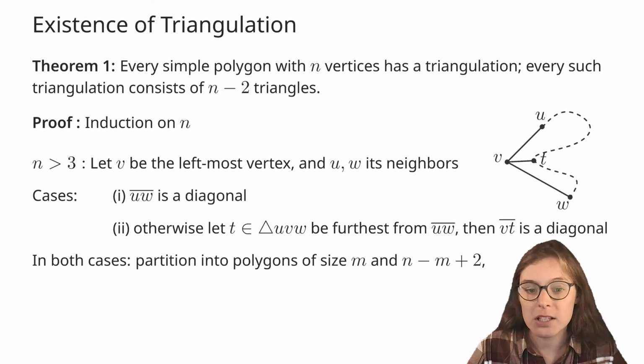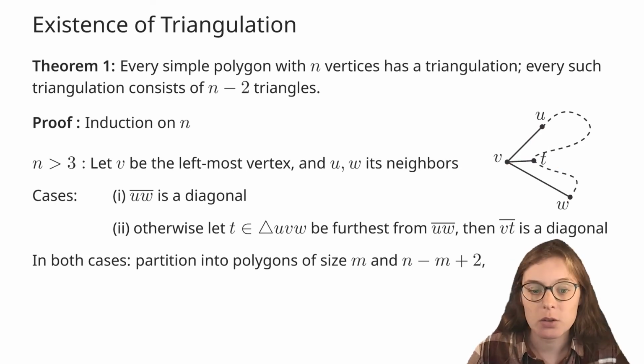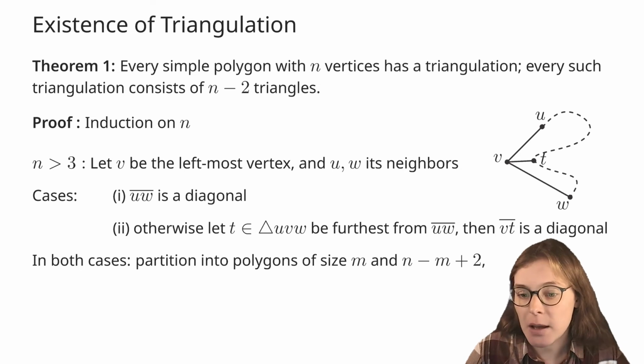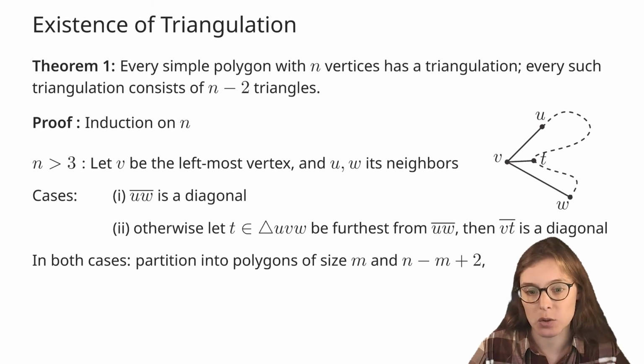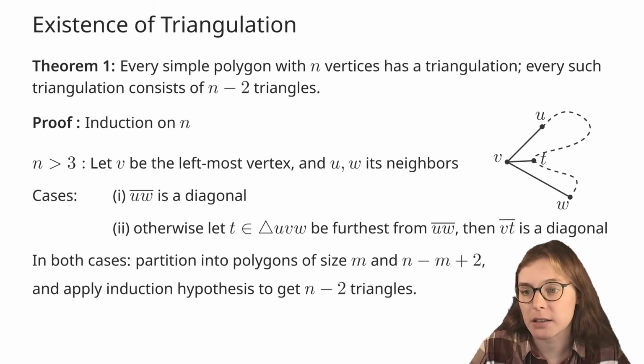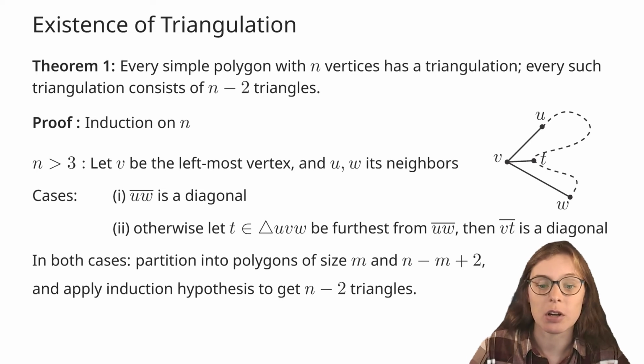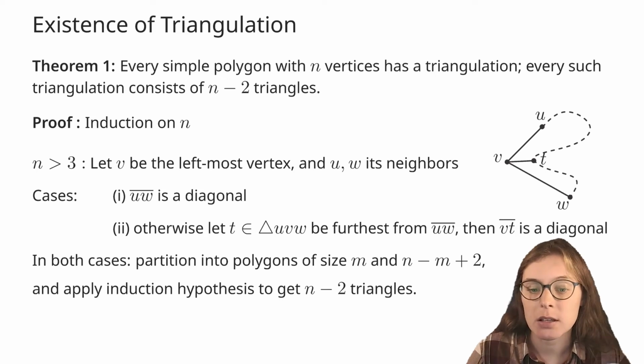Indeed, we can partition the polygon along the diagonal VT into two smaller polygons of size m and n minus m plus 2. And after we apply the induction hypothesis to two smaller subpolygons, we get n minus 2 triangles.